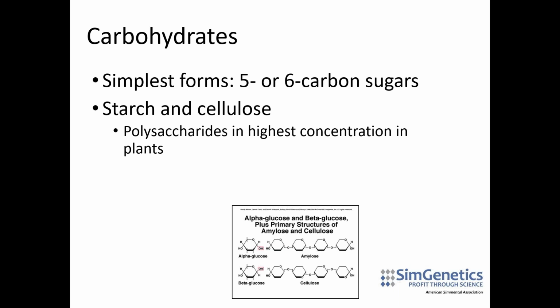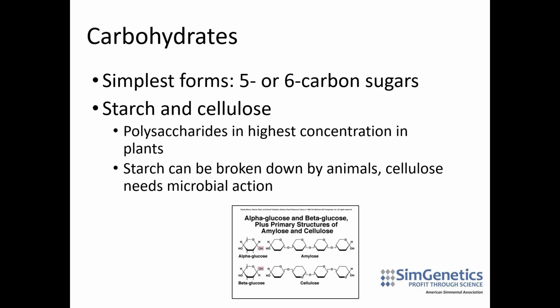And so starch and cellulose are the 2 polysaccharides that we're going to find in the highest concentration in any plant. So if we look at a corn plant, or corn grain, or some alfalfa hay, starch or cellulose are going to be the highest components of polysaccharides in those plants.